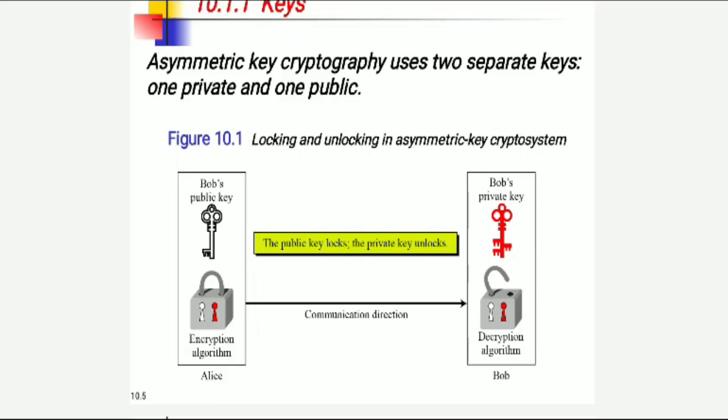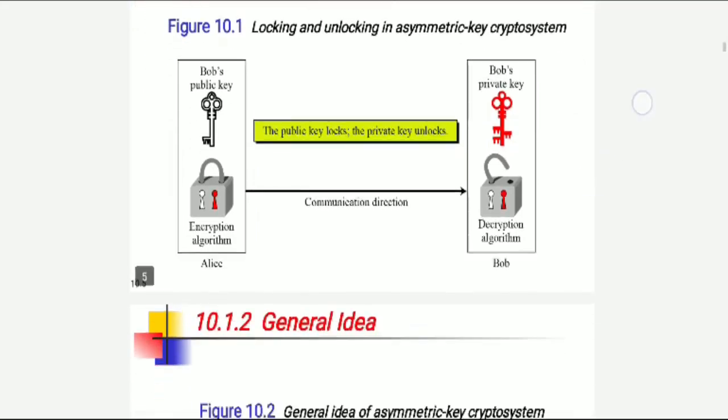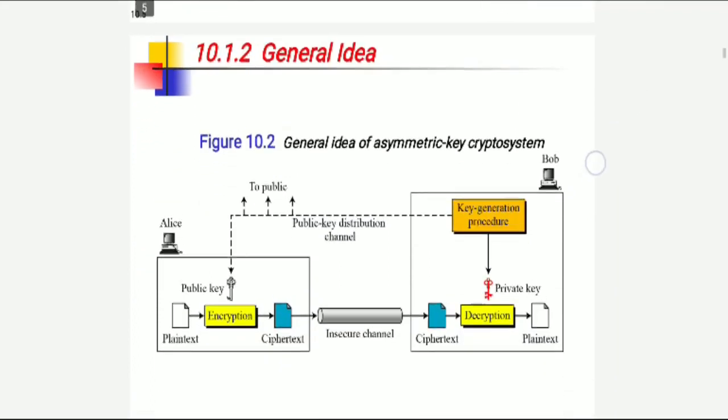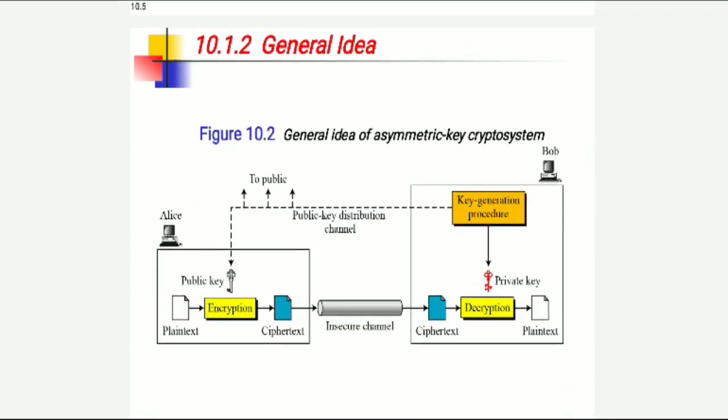If any message is encrypted using the public key, then that will be decrypted using the private key, and vice versa. So what is the basic general idea about the asymmetric key crypto system? Let us suppose Alice wants to send a message to Bob. The public key of the receiver is known to everyone.